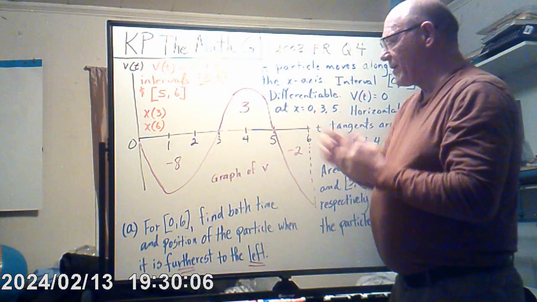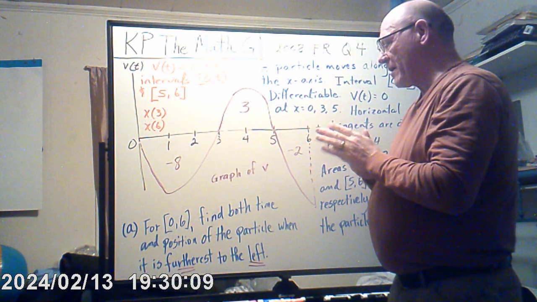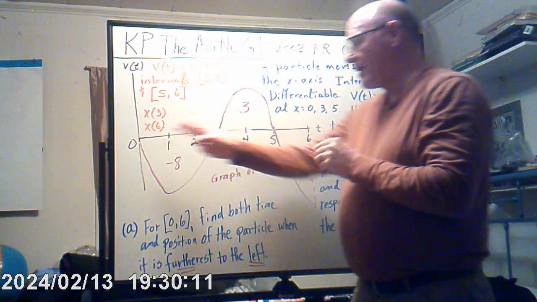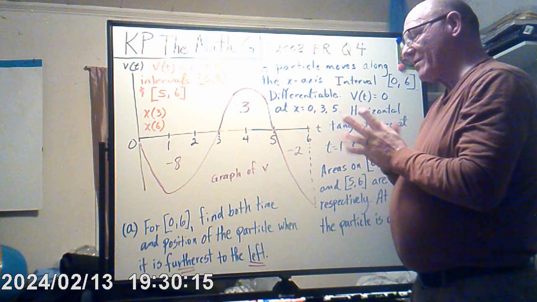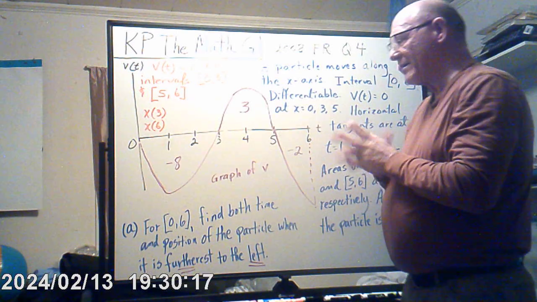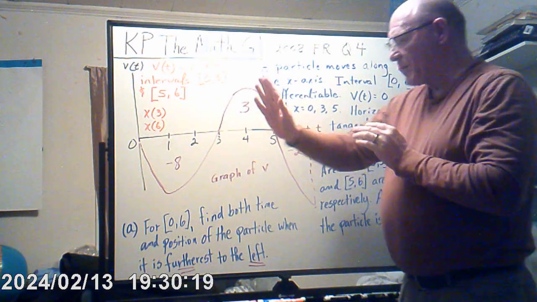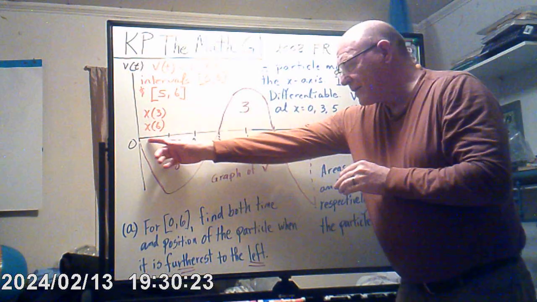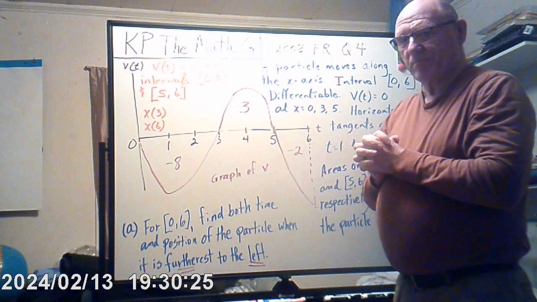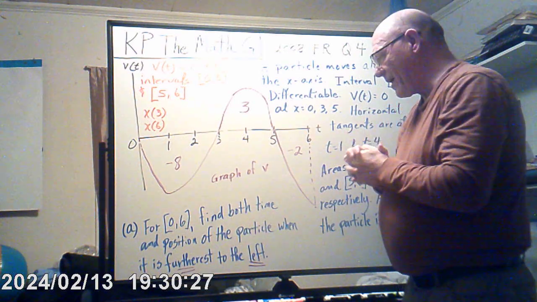Negative 8 plus 3 is negative 5, but you got negative 2 more, so that's negative 7. So we do have something there. Negative 8 is between negative 10 and negative 7, so yes, you have it there.